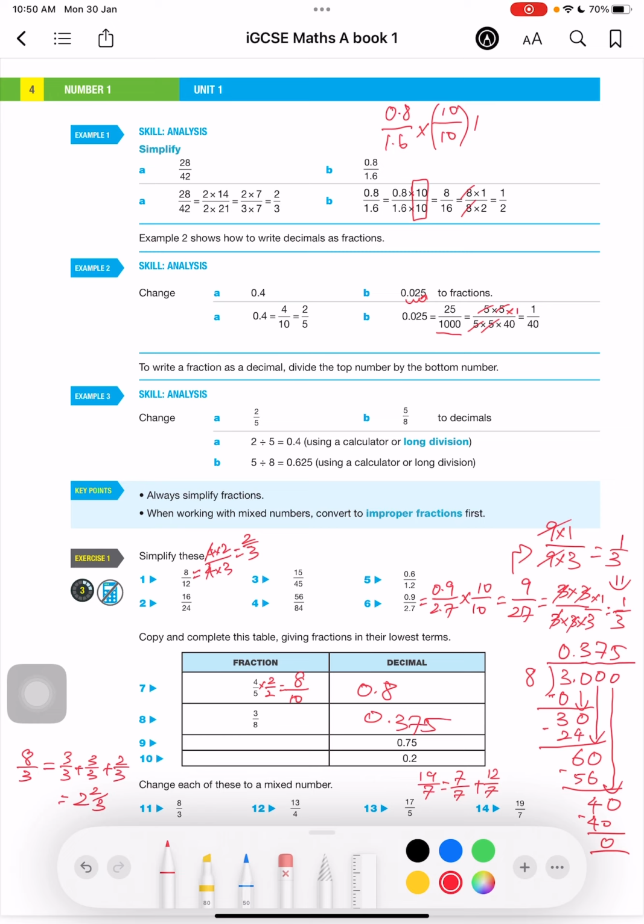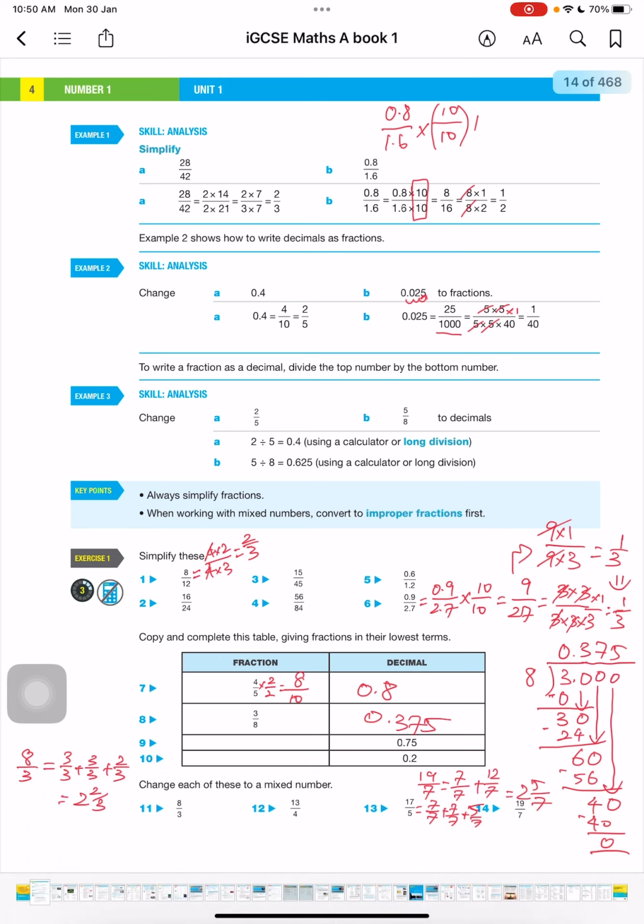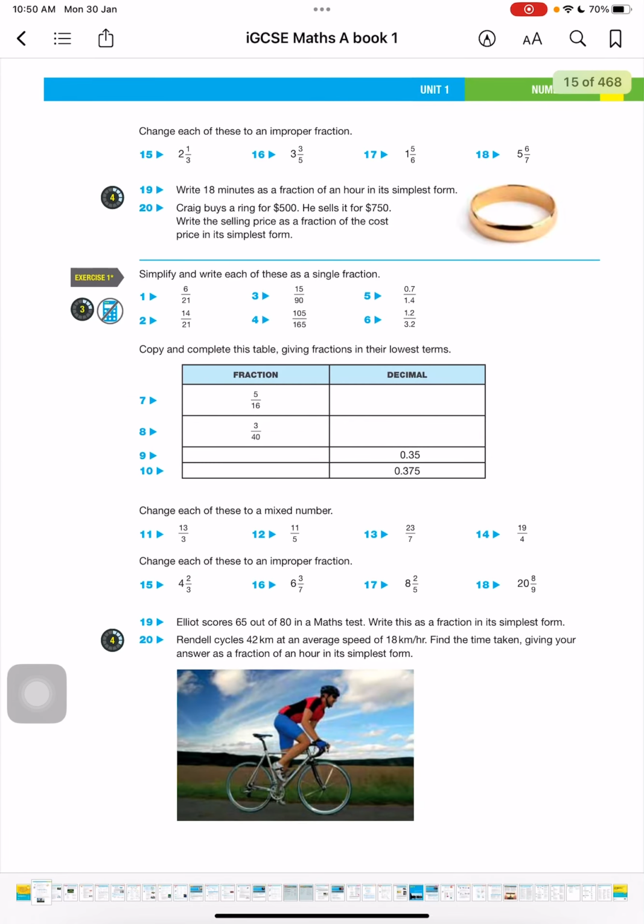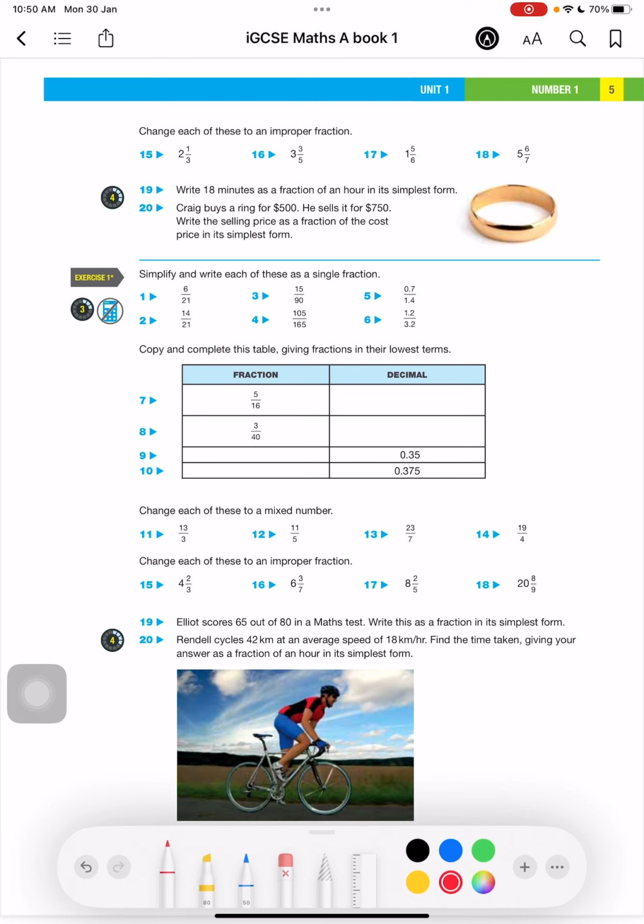So this gives you 7 over 7 plus 7 over 7 plus 5 over 7, which therefore gives you 2 5 over 7. Great. So let's move on to some practical examples for this exercise 1.